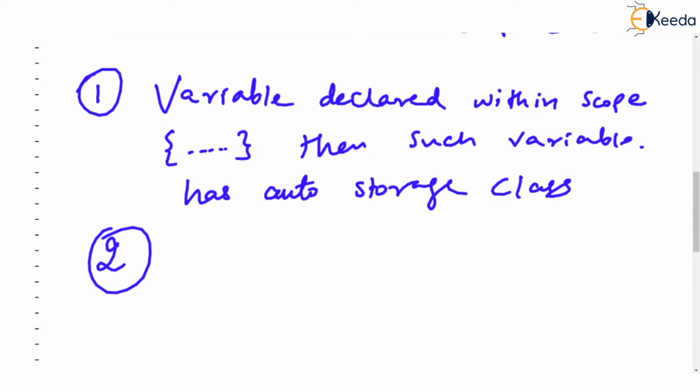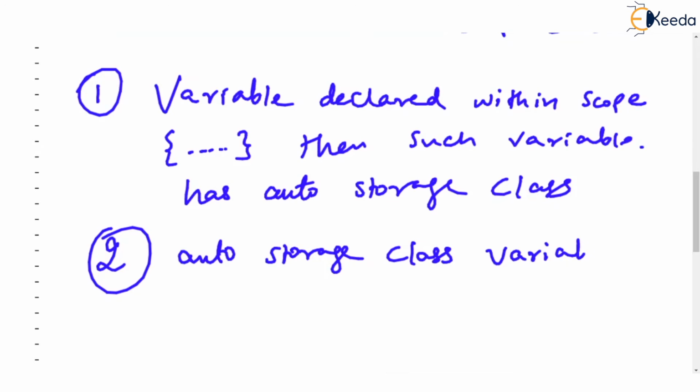The second property is, whenever you have an auto variable, then it is alive, it is in the memory only till the scope. Beyond the scope, such variables are not available. So we can say variables having auto storage class can be used only within the scope.